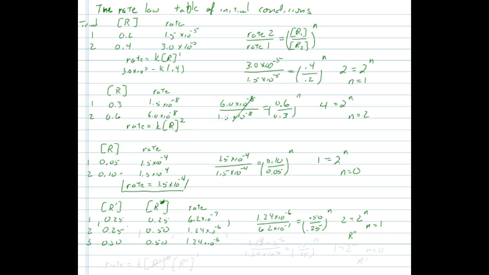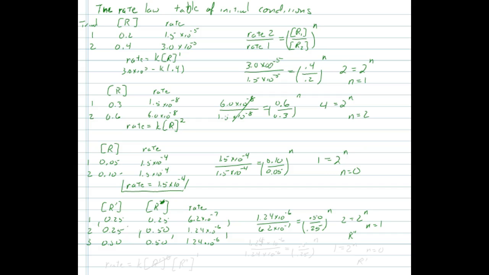Now you need to do an experiment where the R double prime stays constant and the R prime changes. So you double R prime, and you notice here the rate stays the same, but we're going to work it out anyway, so you know it's going to be 0 order in R prime.